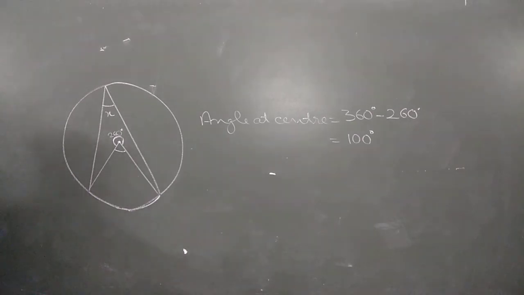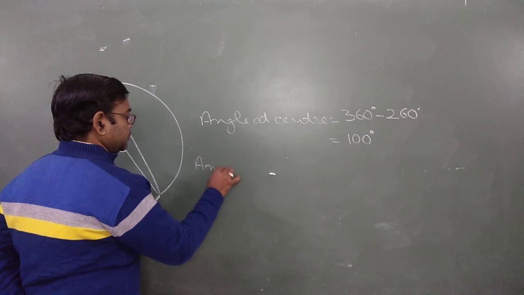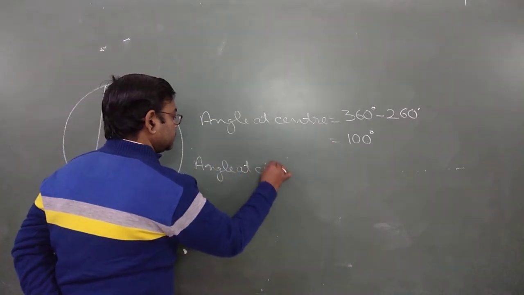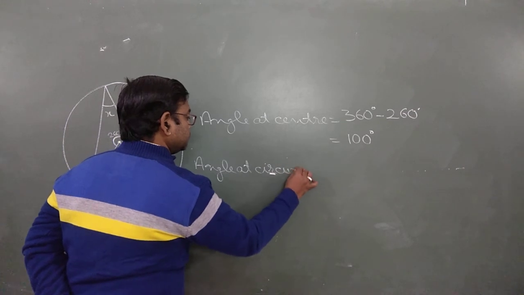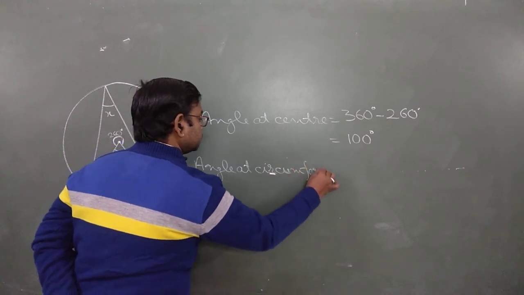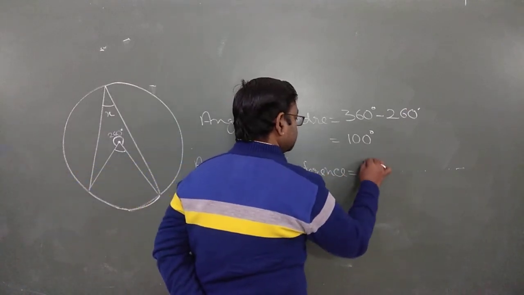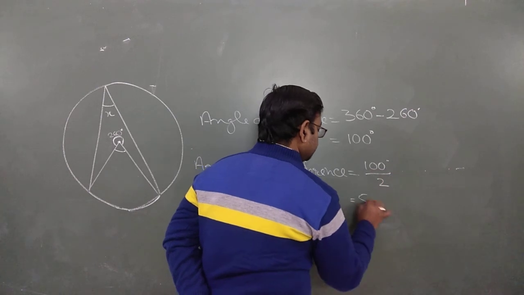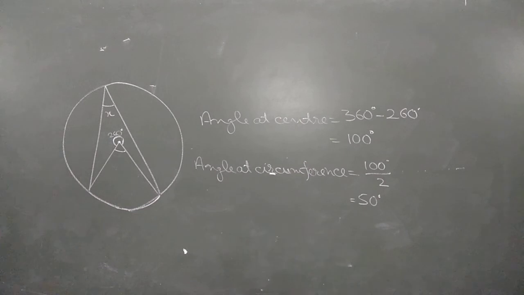It's 100 degrees. So the angle at circumference is simply half of the angle at the center, which is 50 degrees. So likewise we have to solve the questions.